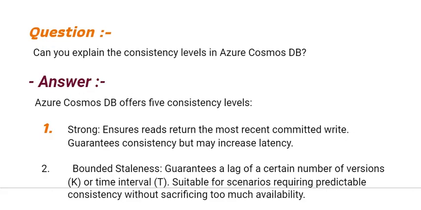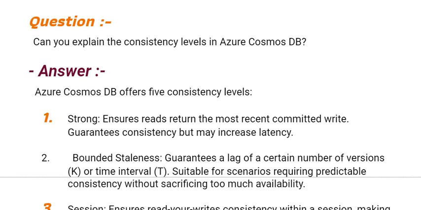Our next question is, can you explain the consistency levels in Azure Cosmos DB? Your answer should be, Azure Cosmos DB offers 5 consistency levels. The first one is strong. Ensures reads return the most recent committed write.